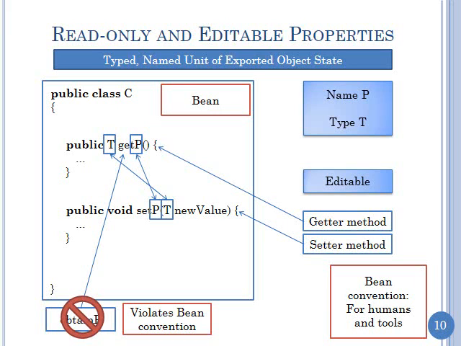So I will require you to follow bean conventions when you have a static number of components. When you have a variable number, again, I would recommend you use those conventions. There are no standard conventions for lists. I would recommend the ones I gave in class.